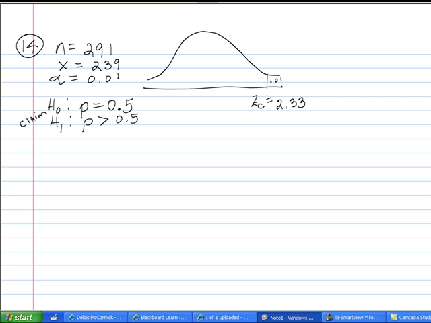Okay, so our test statistic, and here's our critical region.